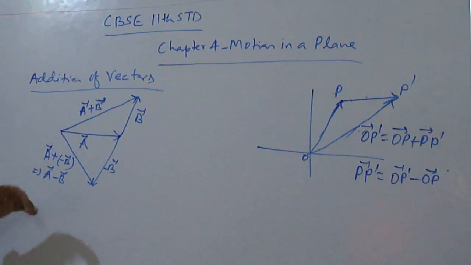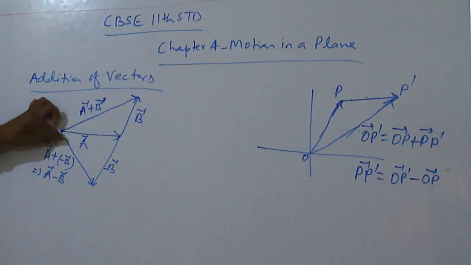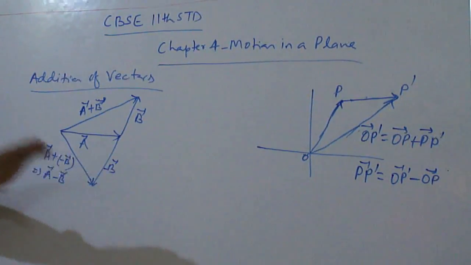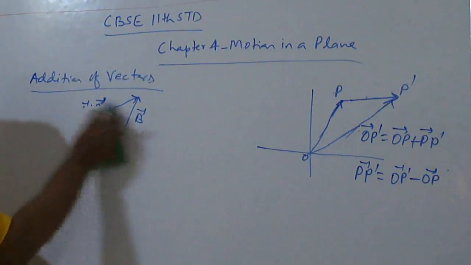This process is called subtraction of vector. It is addition of vector only: addition of A vector plus addition of minus B vector, which has reverse direction. That's all.